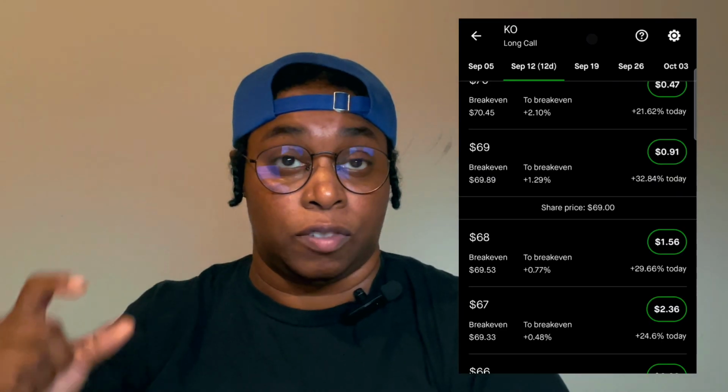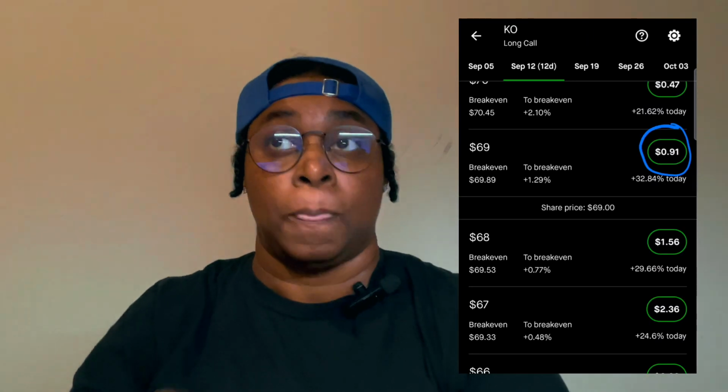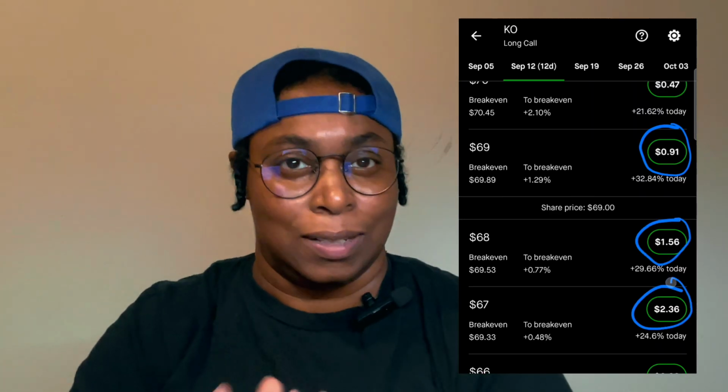Now, if you've ever been on the option chain, whether you're new to it, I'm pretty sure you have probably seen, if you've taken the time to actually explore the option chain, that the strike prices have different premium prices. Now, let me see how can I put this in the most simple manner.